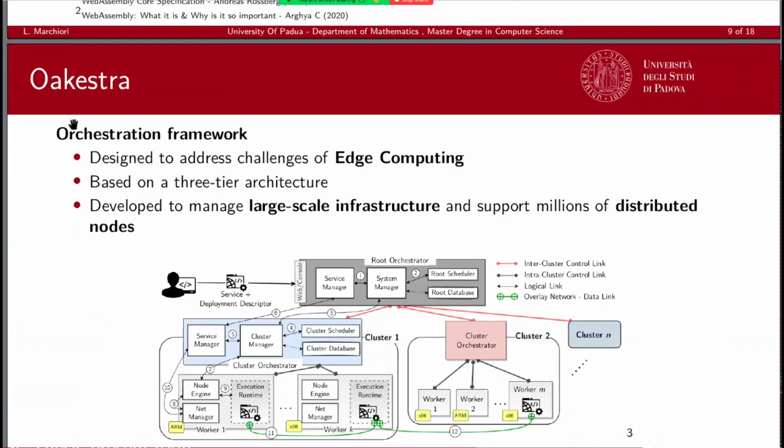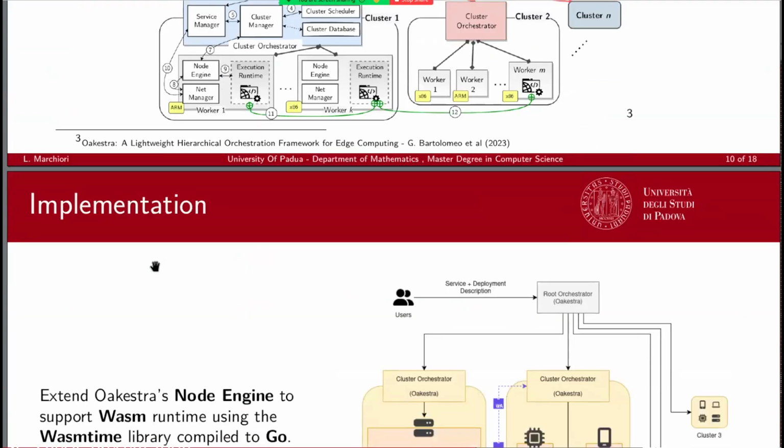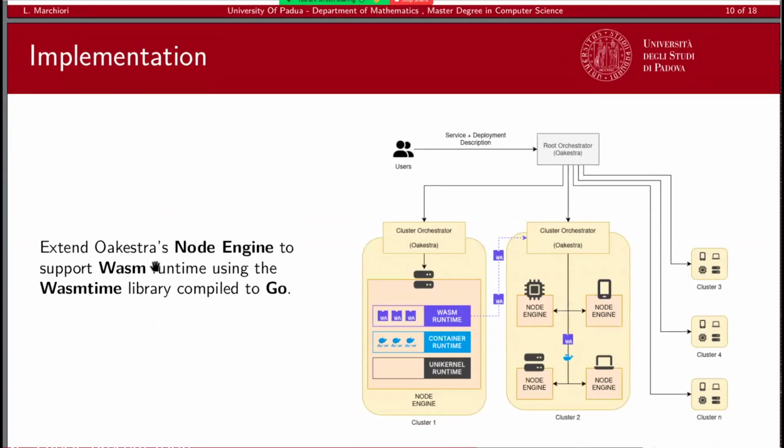There is a slide on Oakestra, but I don't think it's appropriate to explain what Oakestra is because you know it better than me. But let's talk about our implementation. It was very simple in terms of modification to Oakestra because we limited the modification to the node engine component of Oakestra.